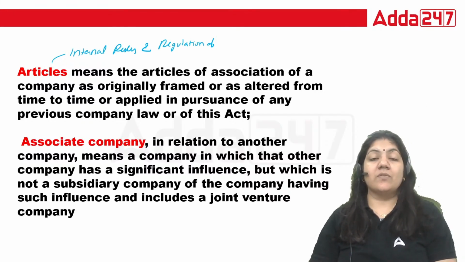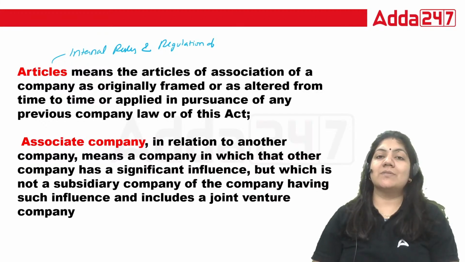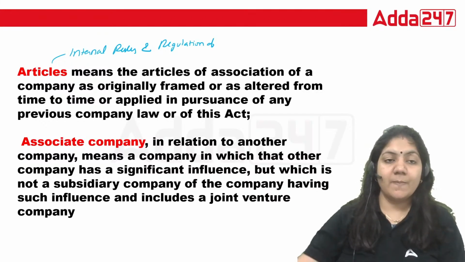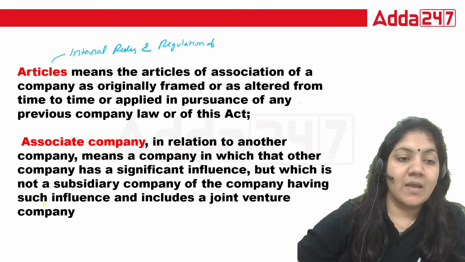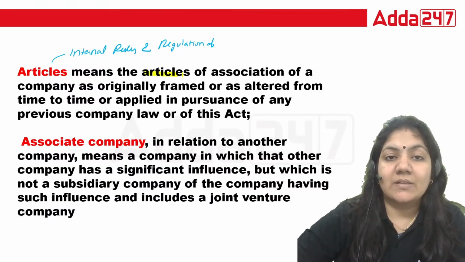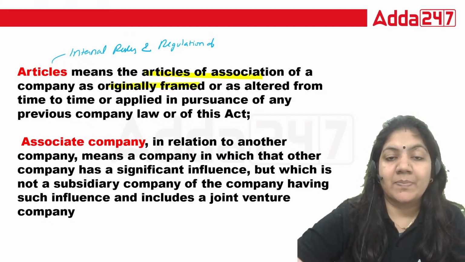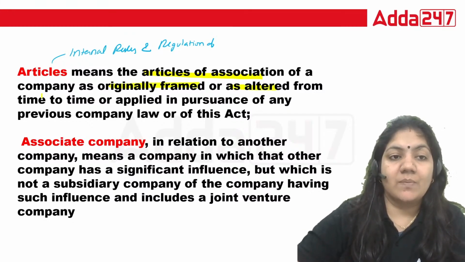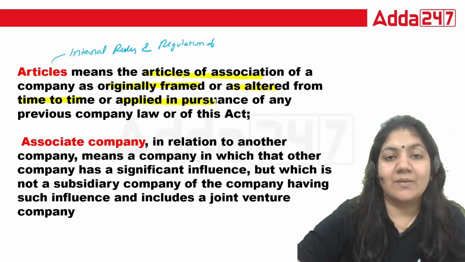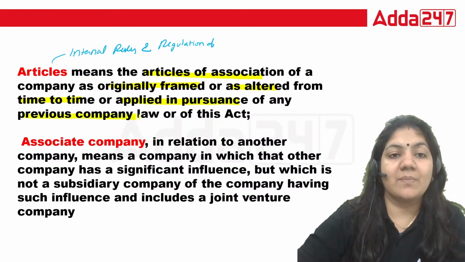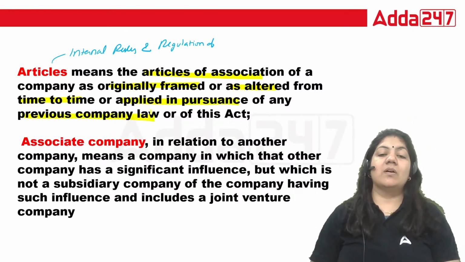In the articles of association, they can change the terms and conditions by themselves. So you can say that article means articles of association of a company as originally framed or as altered from time to time, or applied in pursuance of any previous company law or of this Act.